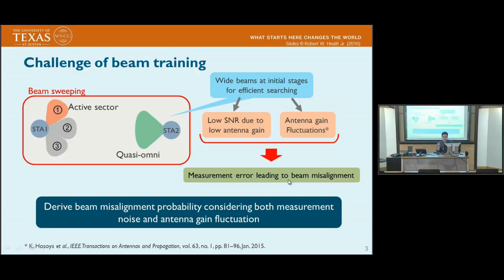This can also result in beam measurement errors, because it might de-amplify a certain good link because of these fluctuations. So in this work, we try to capture these two effects to understand their impact on the beam sweeping performance.